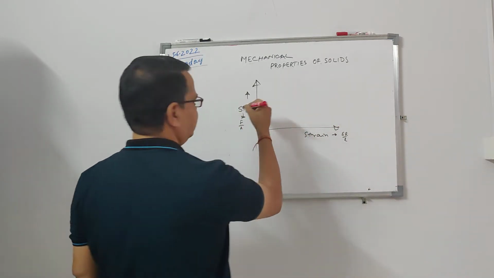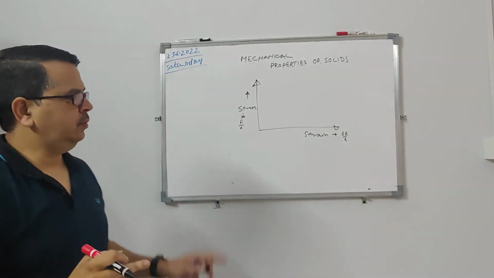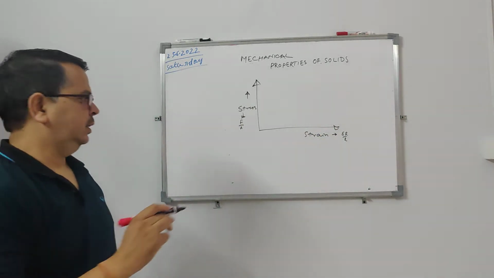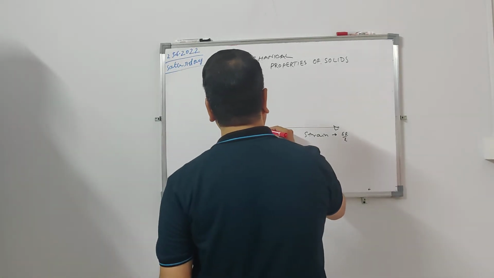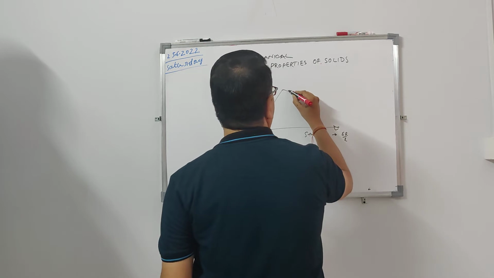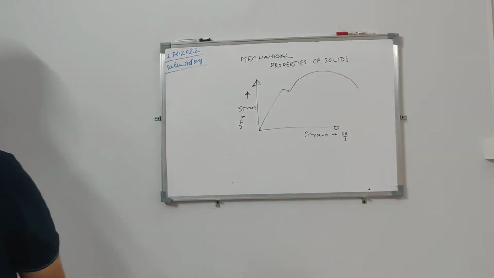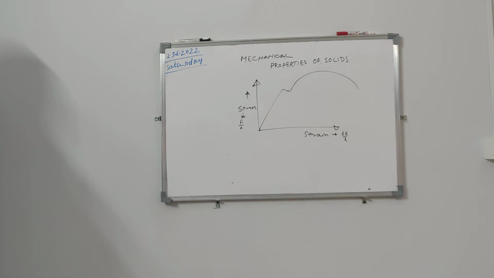The force is changing and del L is changing, whereas A and L are not changing. This is your stress-strain diagram, let us say for mild steel. The first statement is stress is linearly proportional to strain irrespective of magnitude of strain.